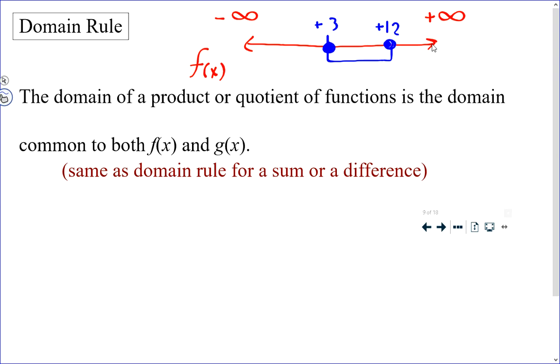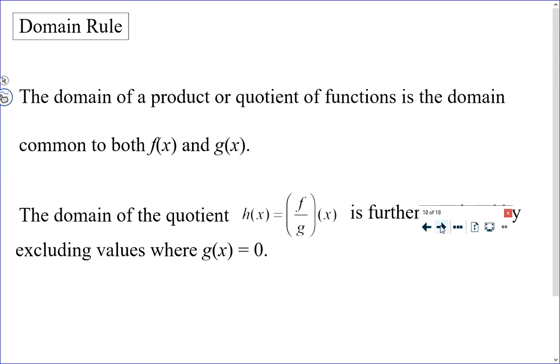Now that domain rule is still going to be in play when we talk about the product of two functions or the quotient of two functions, but there is an added layer to it. With a quotient, we have to exclude numbers out of the domain that make the denominator 0. Let me talk about this h of x for a second.